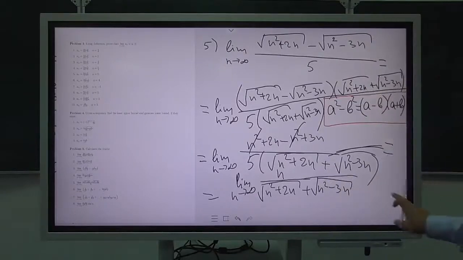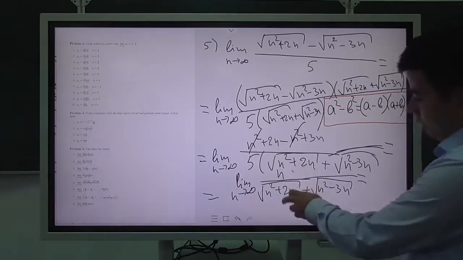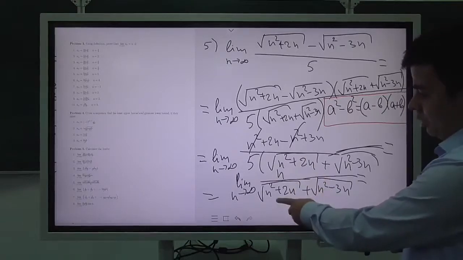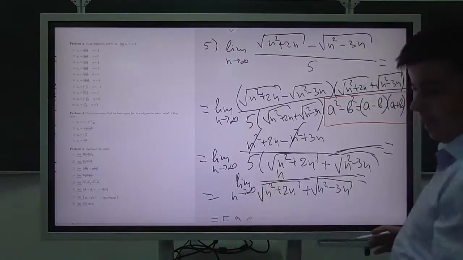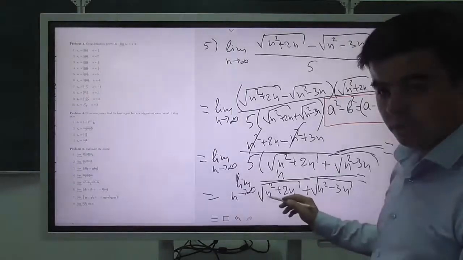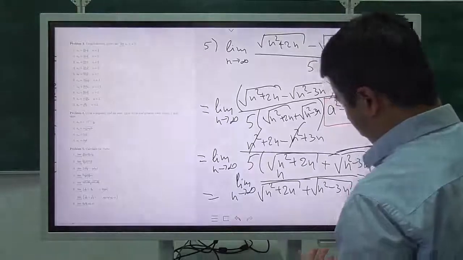So now how to continue? N over the sum of square roots. Now we can divide by n, because if we take out from this square root n squared, from the square root we get n.